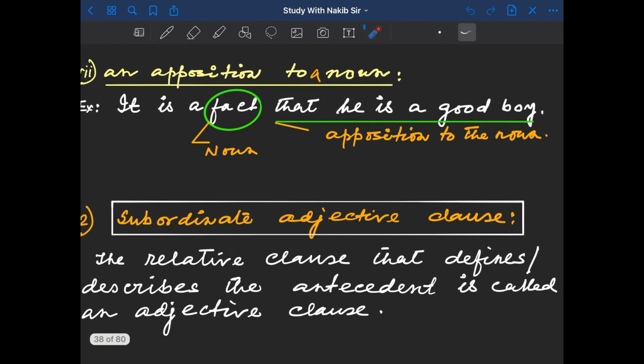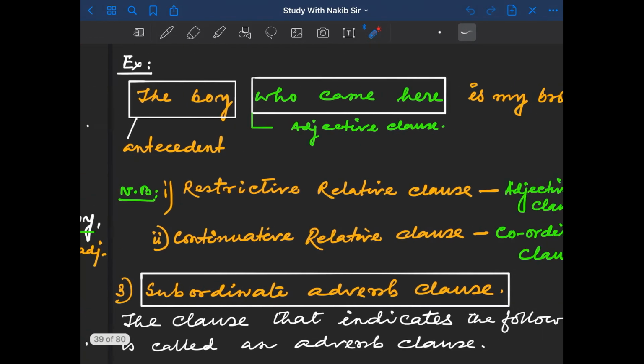Now come to the subordinate adjective clause. What is an adjective clause? The relative clause that defines or describes the antecedent is called an adjective clause. Okay.